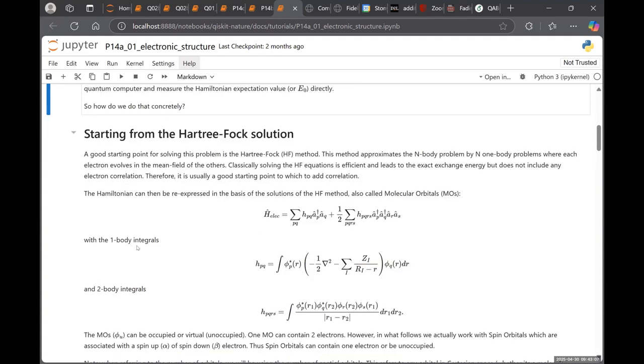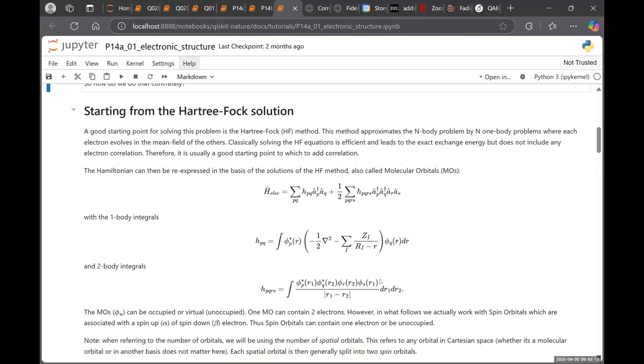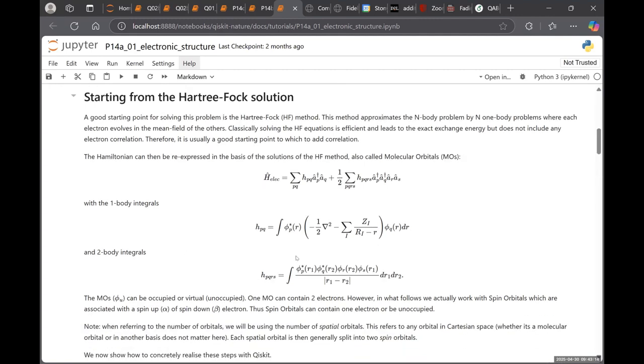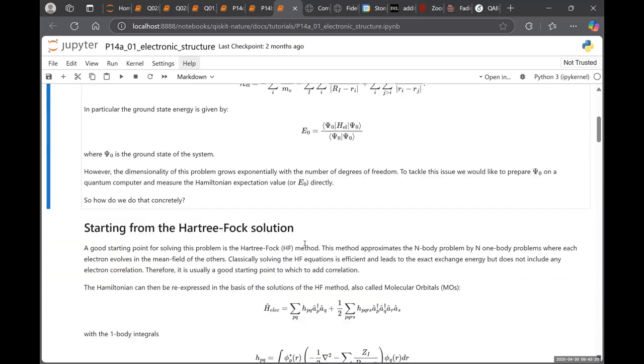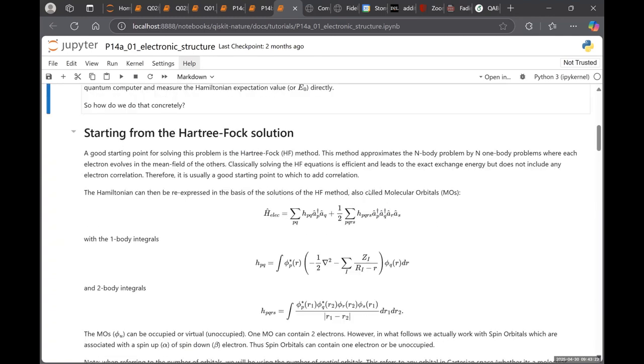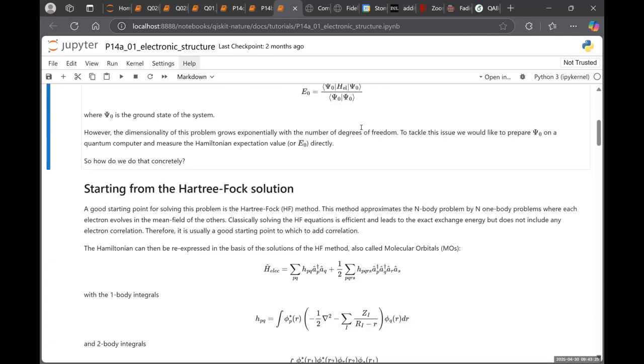So this is called the one-body integral for this expression here. This is the two-body integral. You can see that the first two come from the first two terms in the electron Hamiltonian, and the last one comes from the interaction among electrons.